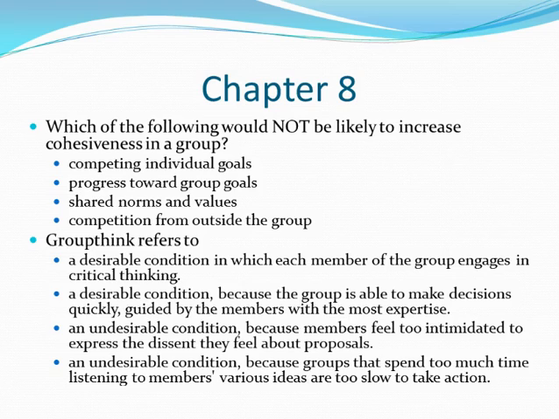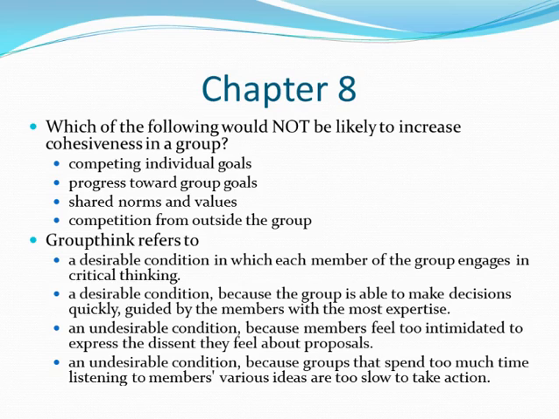Okay. Groupthink refers to a desirable condition in which each member of the group engages in critical thinking, a desirable condition because the group is able to make decisions quickly, guided by the members with the most expertise, an undesirable condition because members feel too intimidated to express the dissent they feel about proposals, or an undesirable condition because groups that spend too much time listening to members' various ideas are too slow to take action.